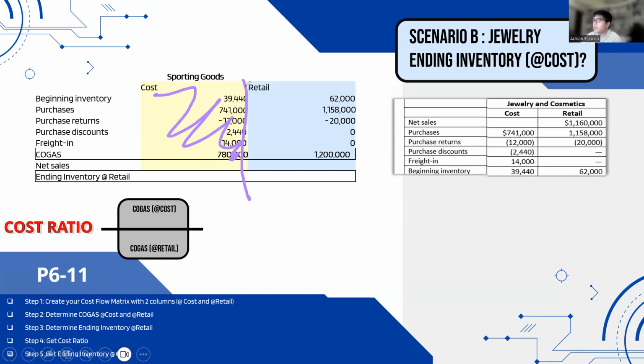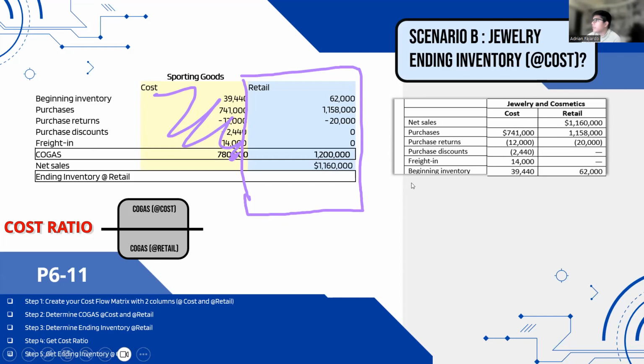We get the retail side so that we can get the ending inventory at retail. So ano yung ending inventory at retail? 1.2 million minus net sales of 1.160 is 40,000 ending inventory at retail. We know that the ending inventory at cost is smaller than 40,000. A portion of 40,000 is ending inventory at cost.